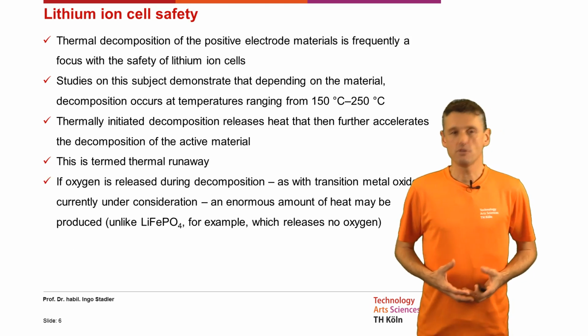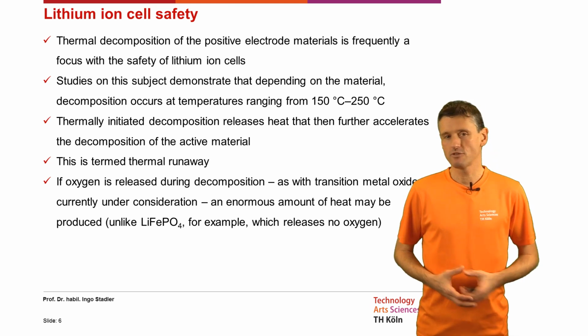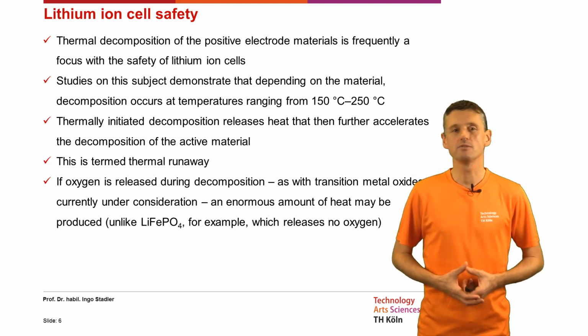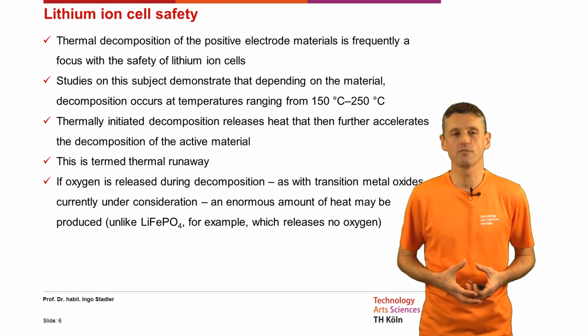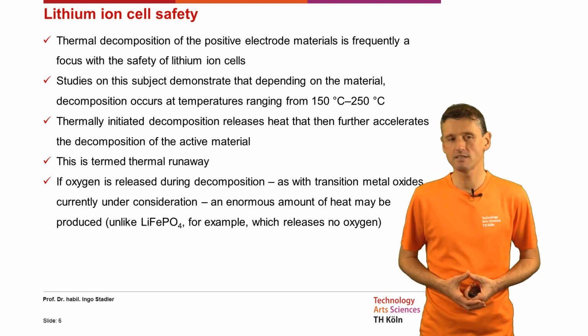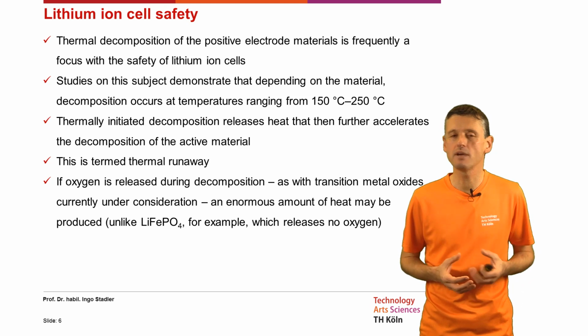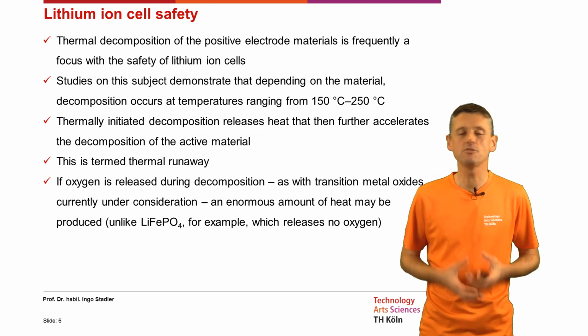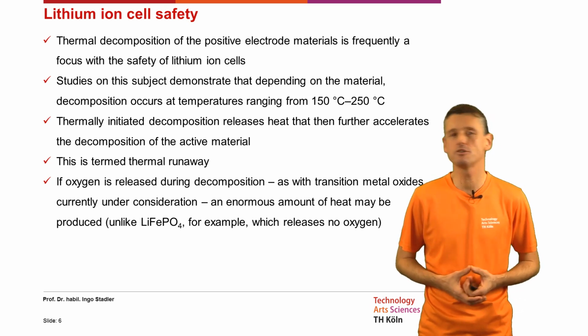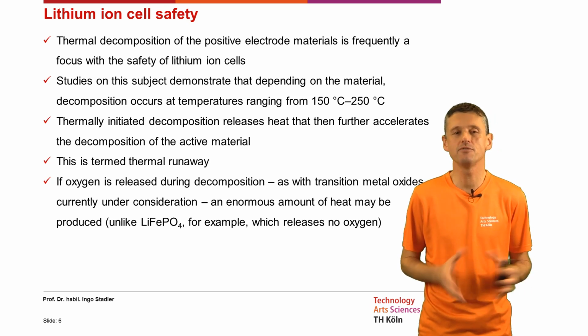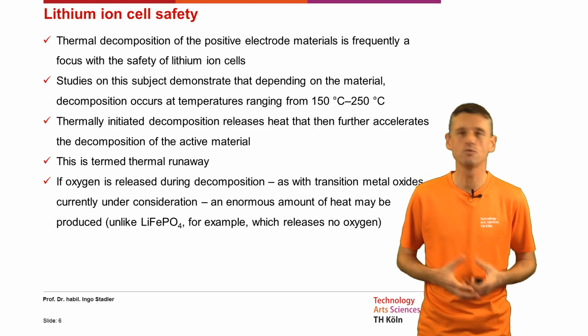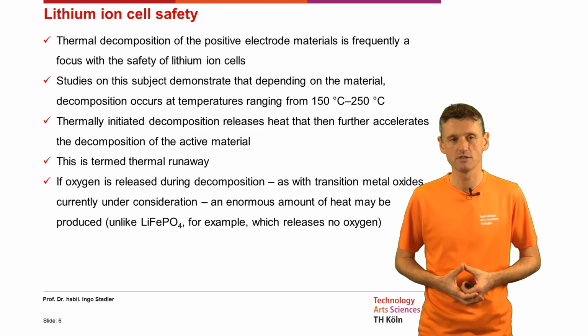The thermal decomposition of the positive electrode materials is frequently a focus with the safety of lithium-ion cells. Studies on this subject demonstrate that, depending on the material, decomposition occurs at temperatures ranging from 150 degrees Celsius to 250 degrees Celsius.